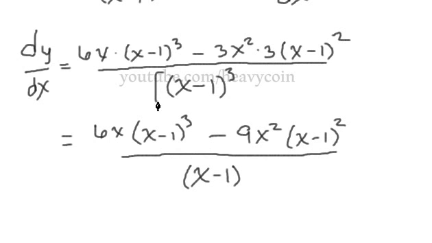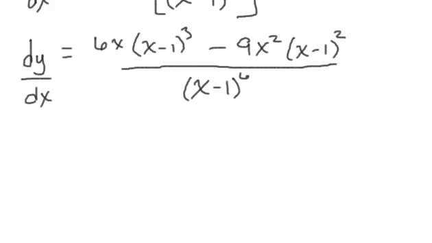I forgot to square this piece right here. Square that, and of course you multiply exponents, and so that becomes to the 6th. And of course this is dy over dx.